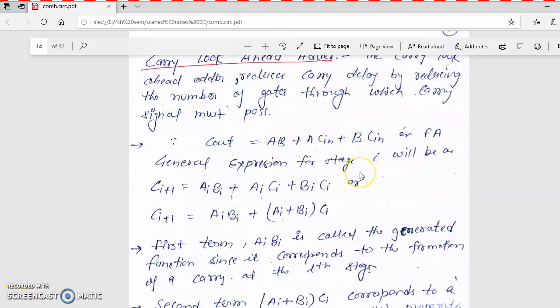Generalized expression for stage i will be C i plus 1 equal to Ai Bi plus Ai Ci plus Bi Ci, or we can say Ai Bi plus, if we take Ci out of this, (Ai plus Bi) Ci. Okay, the first term Ai Bi is called the generate function since it corresponds to the carry generated at the ith stage.